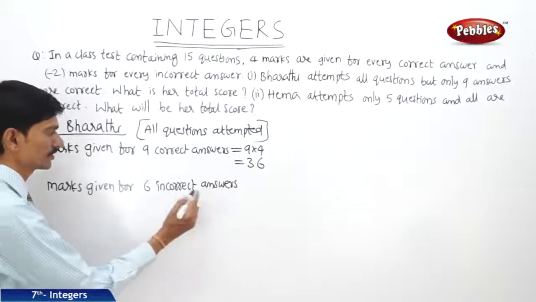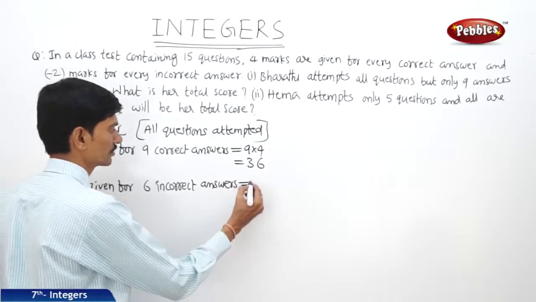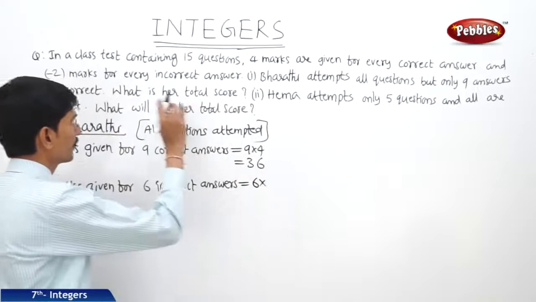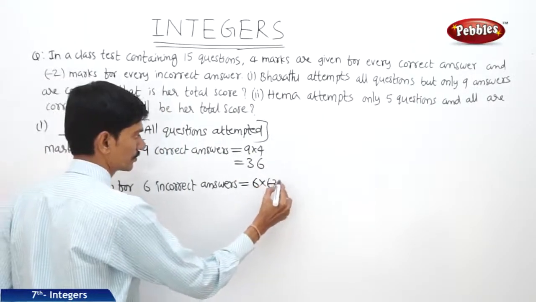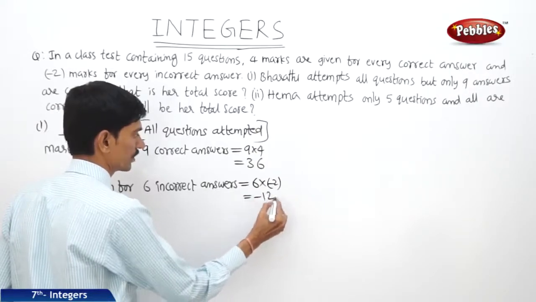Now marks given for 6 incorrect answers equals 6 into minus 2, since minus 2 marks are given for every incorrect answer, so this equals minus 12.